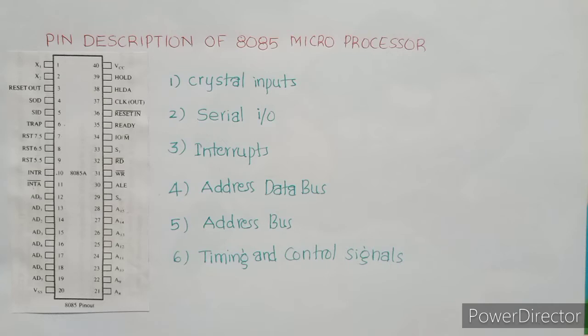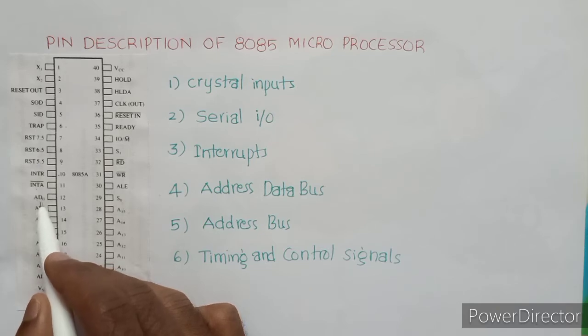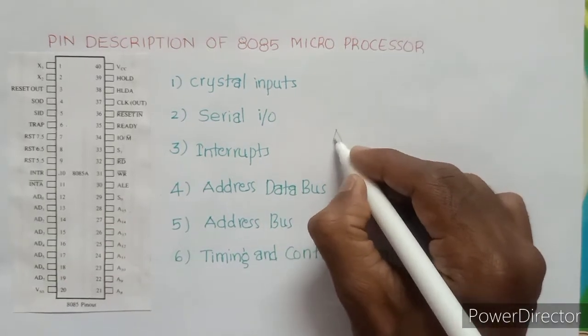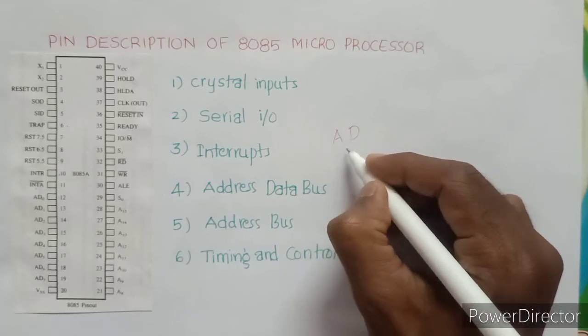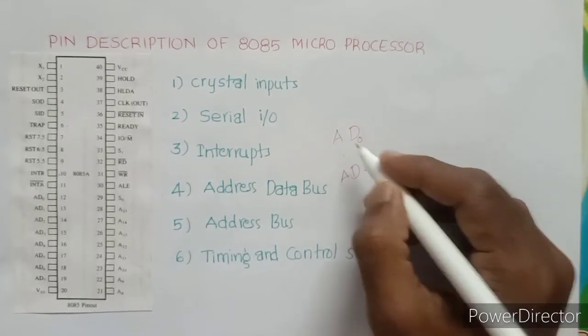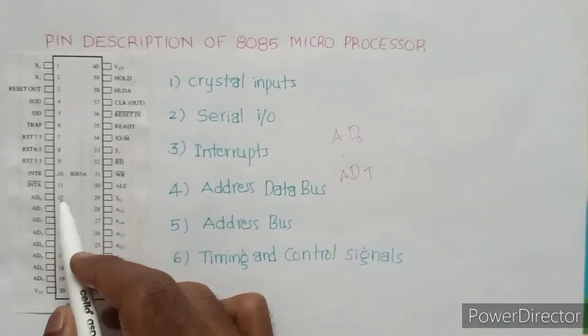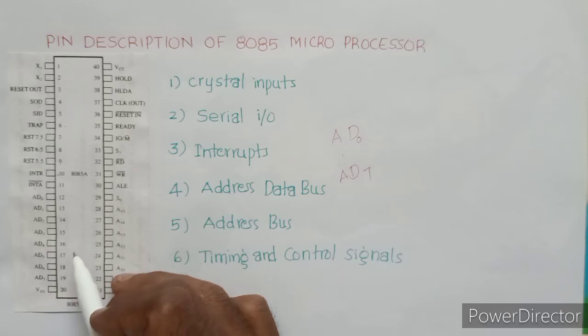They provide multiplexed address and data. A is the address, D is data.